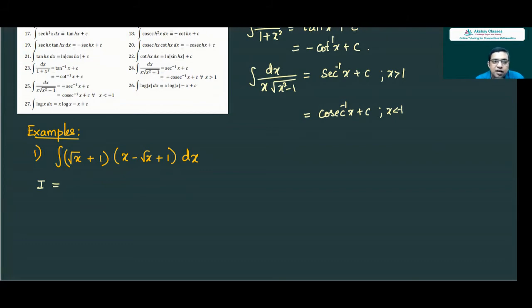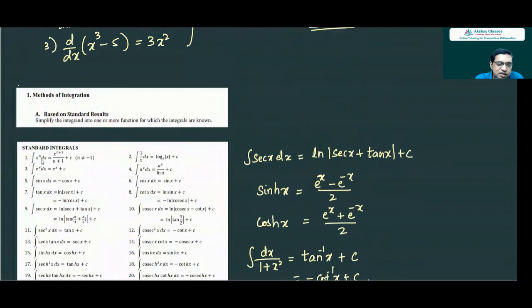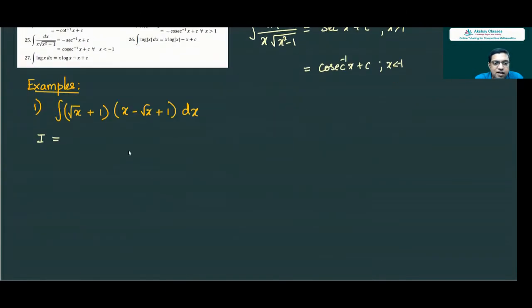Yes. We have to use x to the power n. When we multiply, let's multiply by √x: x√x − √x·√x becomes x + √x. So √x multiplied by this factor. Next, 1 multiplied by this factor, x − √x + 1.